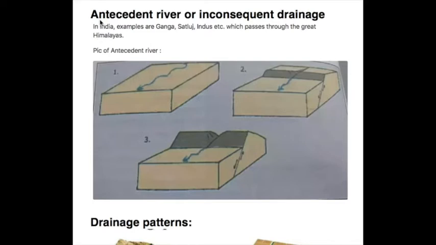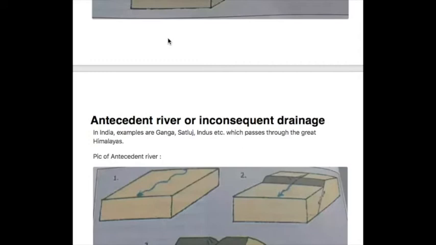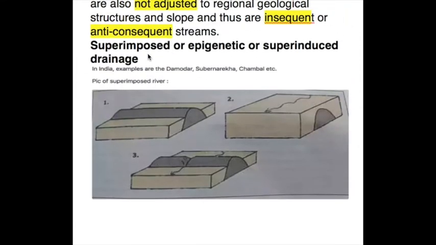What is the difference between antecedent or inconsequent and superimposed? In superimposed, in the first diagram there was no river, but after a period of time some depositional features happen and the river starts flowing.